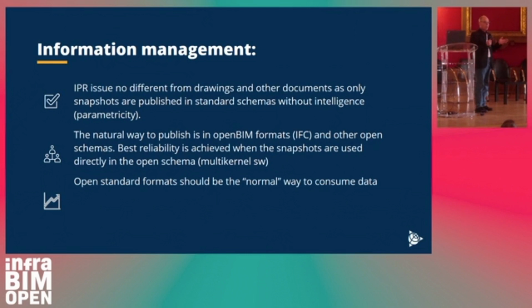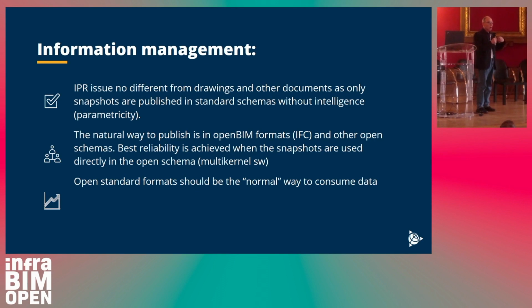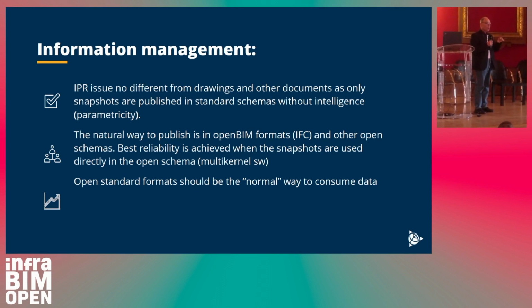If we look at archiving, if you do, for instance, renovations or whatever, the parametricity you have in the initial project phase is not going to be useful in the renovation phase anyway, because you don't do the same things to the structure or model in the renovation phase or the operation phase as in the design phase. So the parametricity is wrong for the later life cycles. The parametricity in design models is for designing, how to react to design changes. But you don't do that kind of thing later.